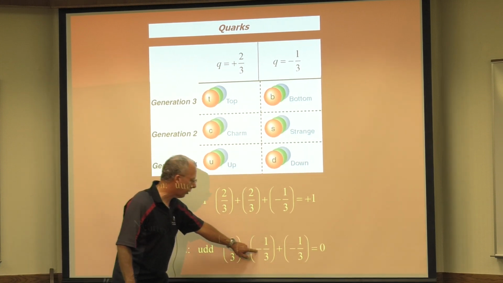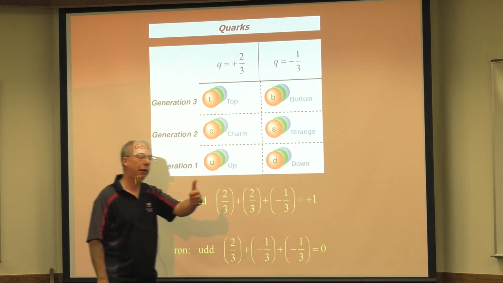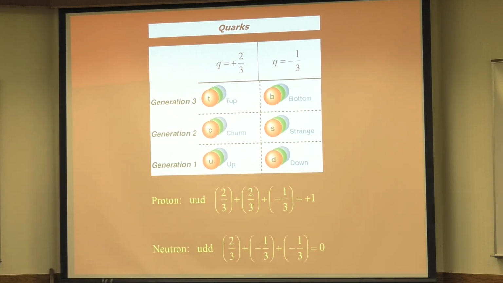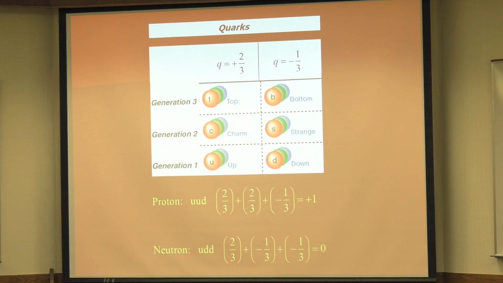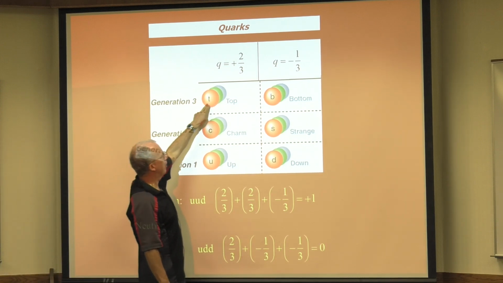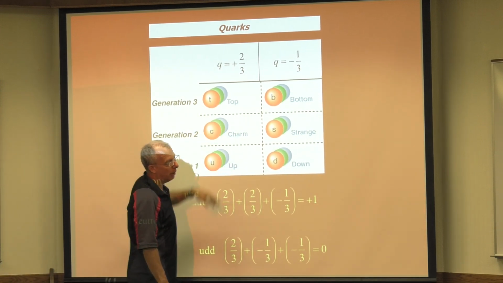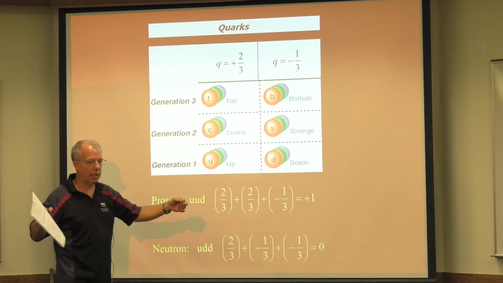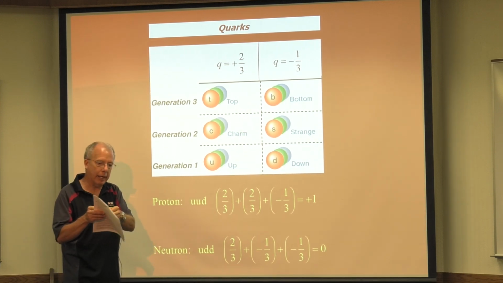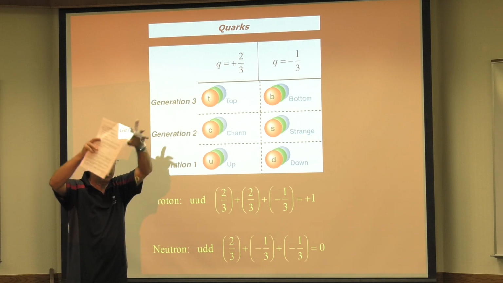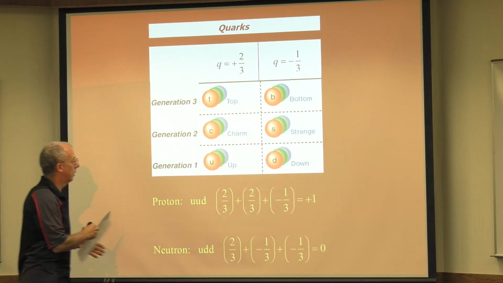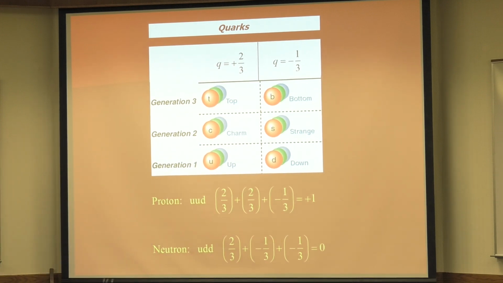So 2/3 minus 1/3 minus 1/3 is 0. All right? So it all works. And we discussed the discovery of the top when we did relativity, remember? Those protons and antiprotons annihilating and then creating these gigantically massive top and antitop quarks, E equals mc squared.